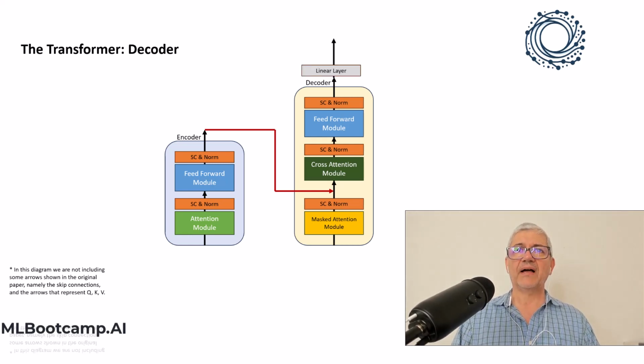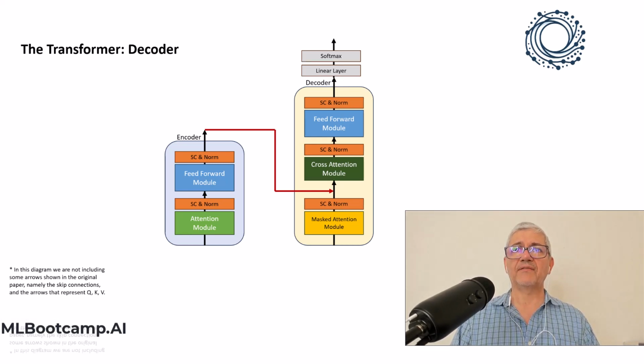Then we will have a linear layer that maps the decoder's output to a much larger space that represents the vocabulary of the language being modeled. For example, if the model output is 512 and the vocabulary is 30,000 words, then this layer will convert that output of 512 into 30,000 words.